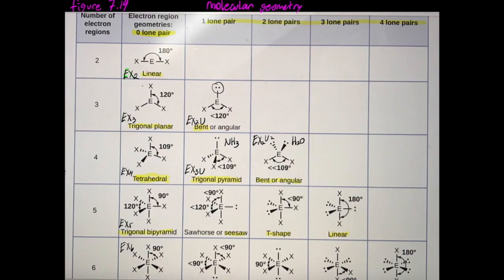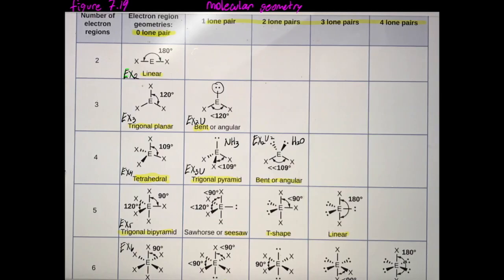So basically, to figure out what the molecular structure is, you want to write the Lewis structure of the molecule or polyatomic ion, and count the number of regions of electron density, such as lone pairs and bonds around the central atom. Single, double, or triple bonds count as 1 region. Then identify the electron pair geometry, and use the number of lone pairs to determine the molecular structure.